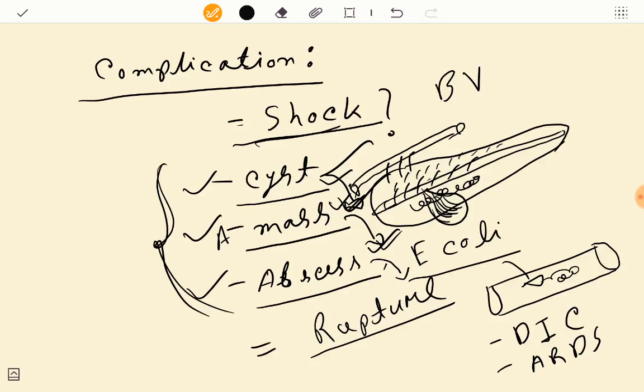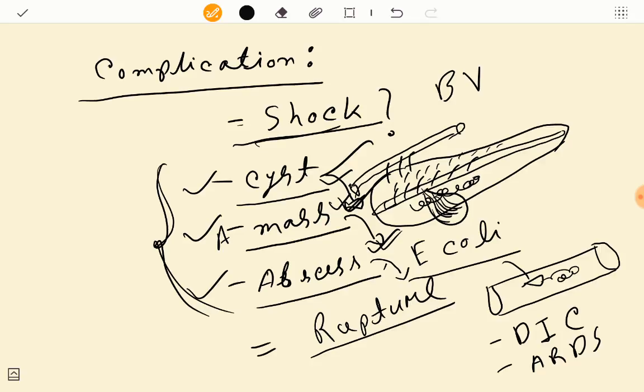It happened due to the autodigestion of the pancreas itself, due to the premature activation of the pancreatic enzymes which help in digestion. And these enzymes are actually released in the inactive form in the pancreas, but activated when released to the duodenum. When this inactive enzyme is activated in the pancreas itself, then the autodigestion occurs.